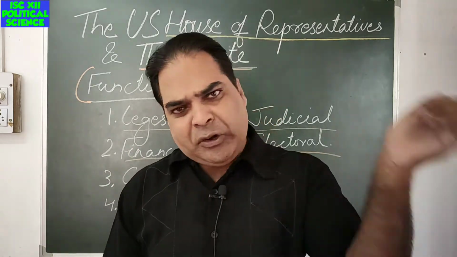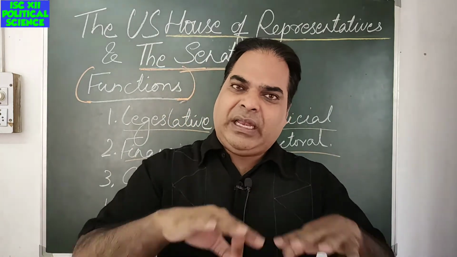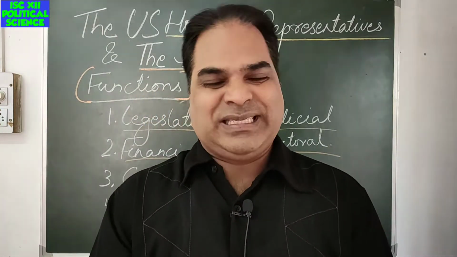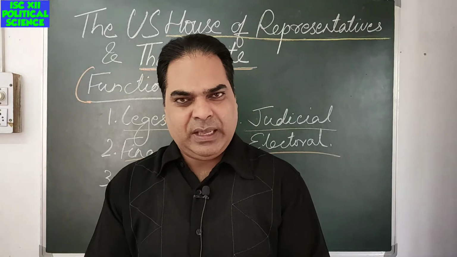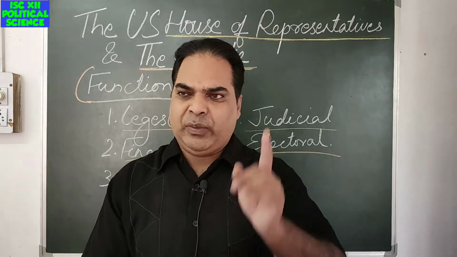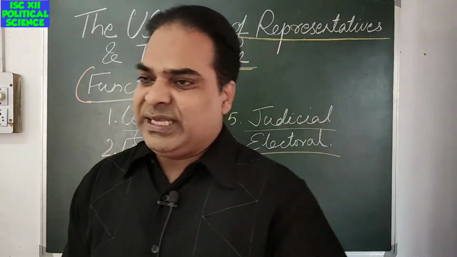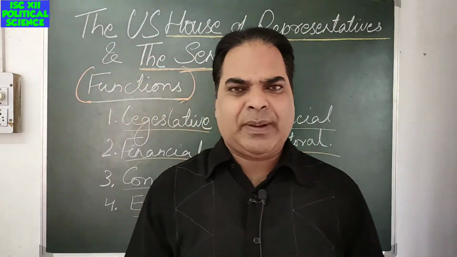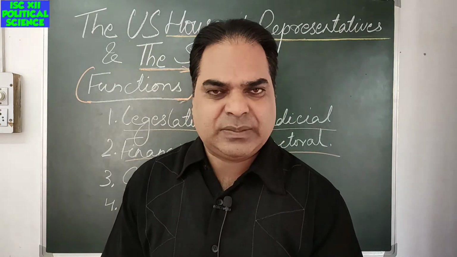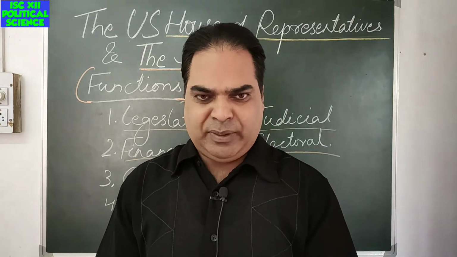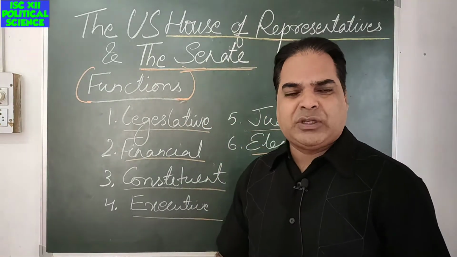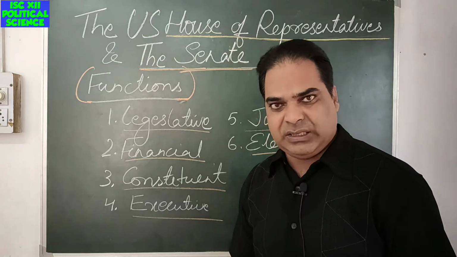Though the money bill is not introduced in the Senate, the final shape of the money bill is prepared by the Senate. What the real features of the money bill should be will be decided by the Senate. So in terms of financial positions, my dear, the Senate is powerful over the House of Representatives. This is all about the financial powers of the House of Representatives as well as the Senate.